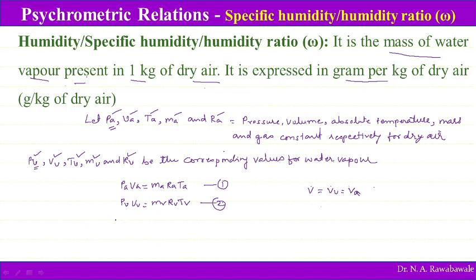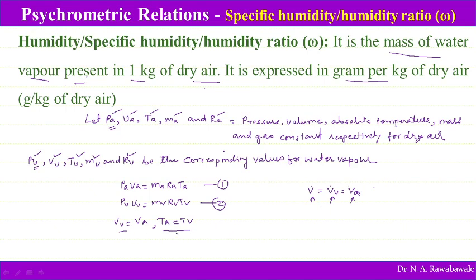Therefore we can assume VV is equal to VA, and temperature is also the same, TA is equal to TV. So the temperature of the mixture and of each individual constituent is going to be the same.